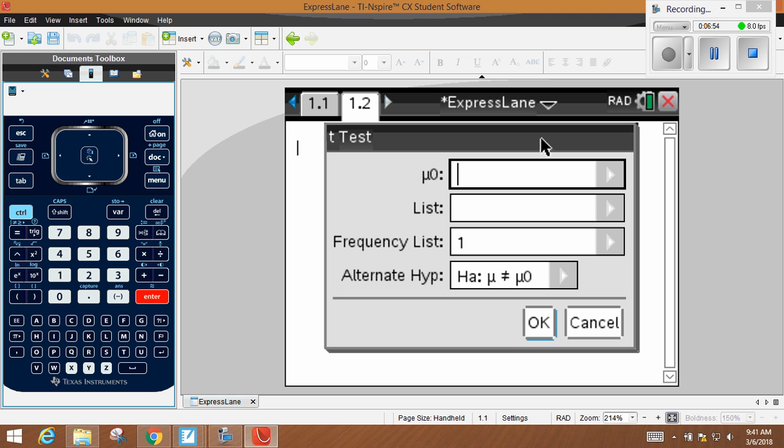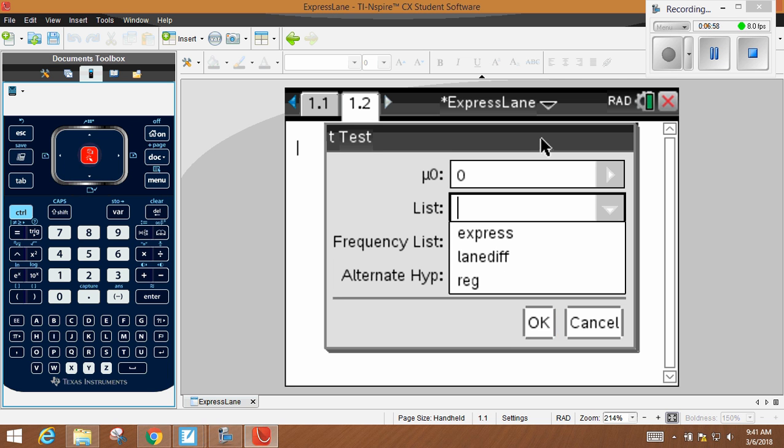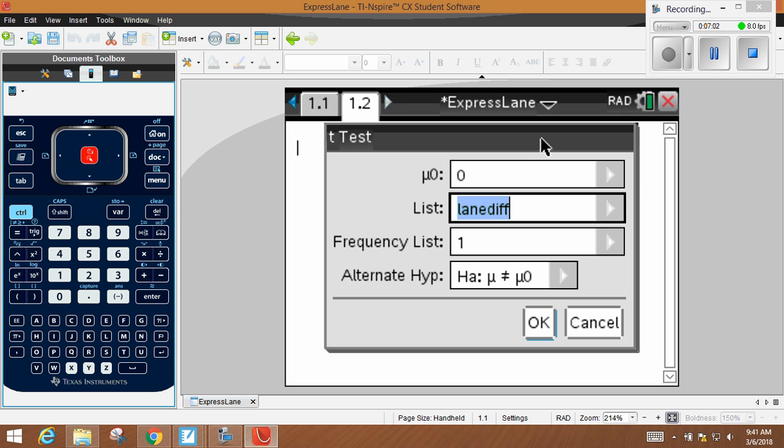Yes, sorry. And my list is lane diff. And we want that mu is greater than mu naught.